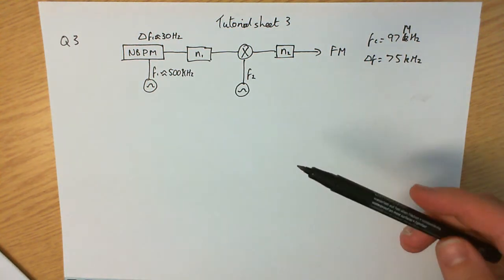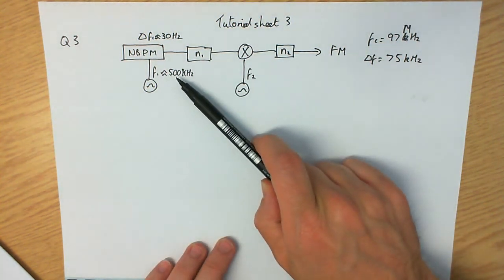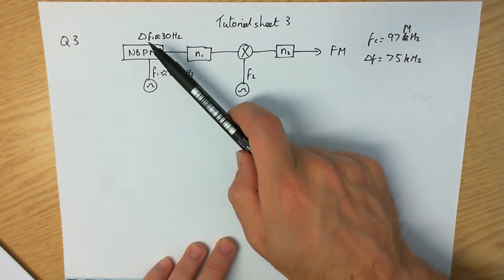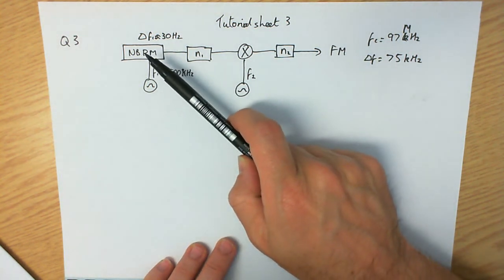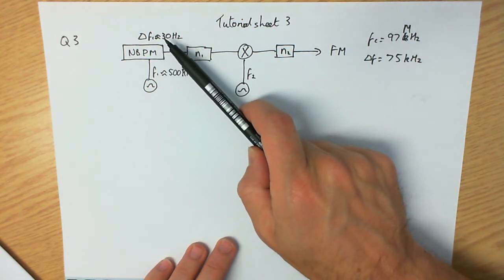And you'll notice the question says starting with an oscillator working near 500 kilohertz. So it doesn't have to be 500 kilohertz, it can be anything around there. And also that you have an initial frequency deviation not exceeding 30 hertz.